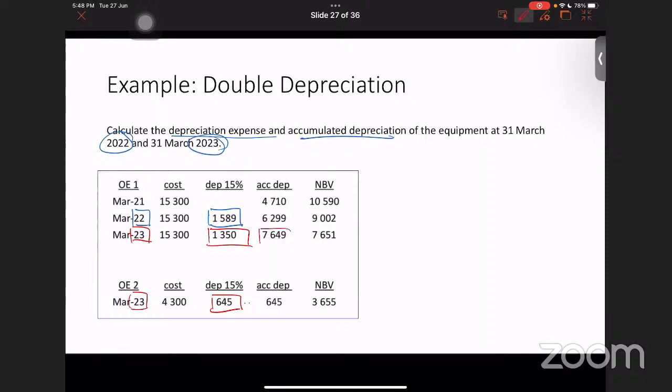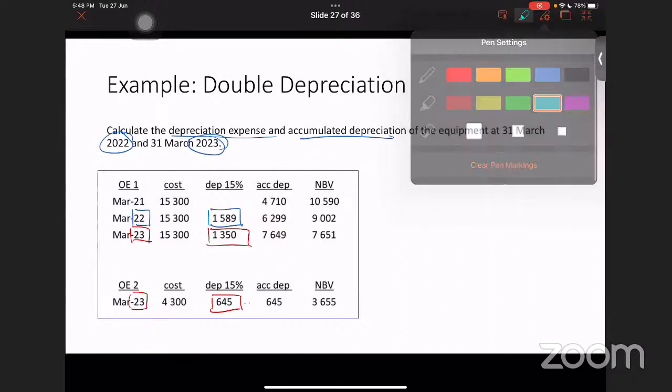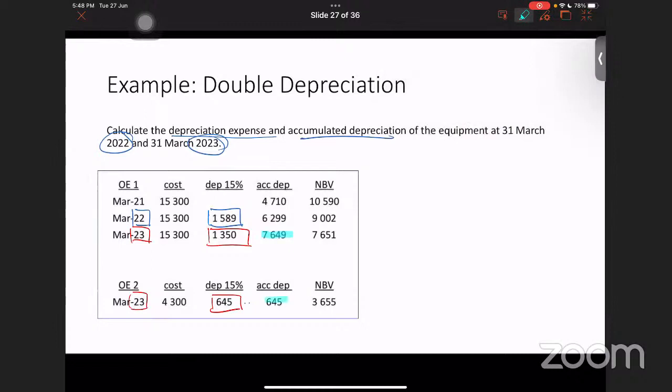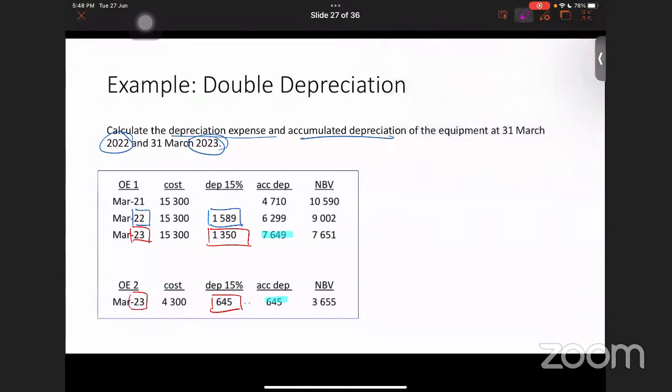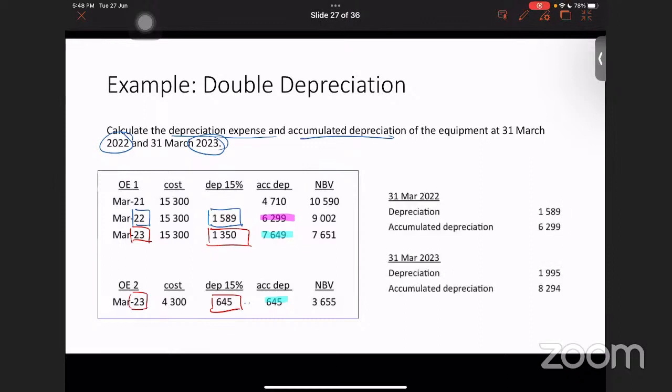So my acute D 2023 will be, I think this one we highlight, I will just take from here, 2023. And then my 2022 acute D will just be this. Okay, so there you go.